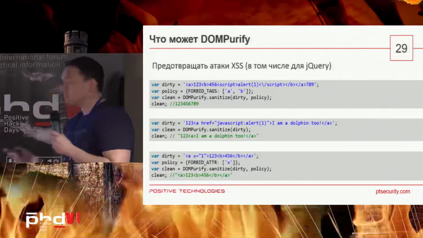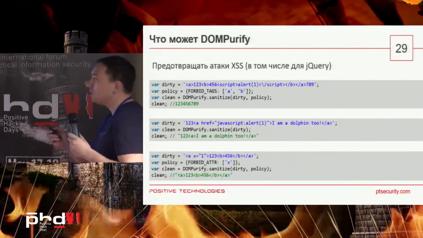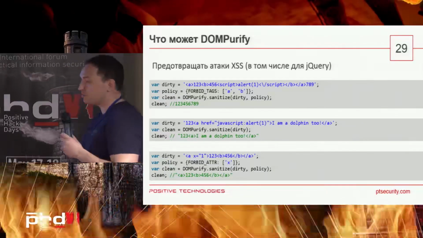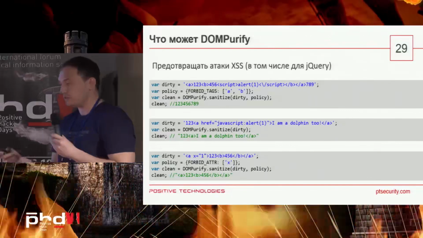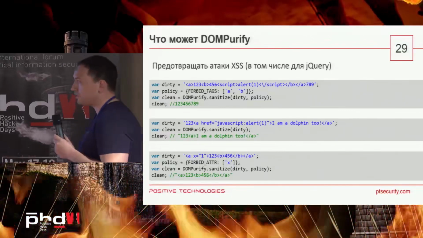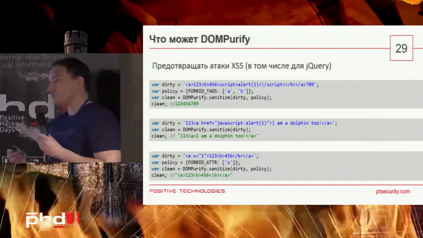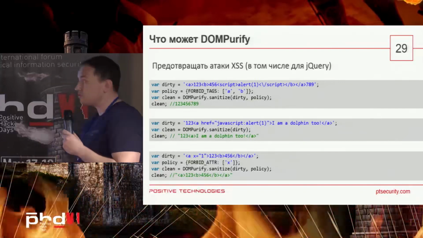What can DOMPurify do? It can prevent XSS attacks. At the input, we have a dirty line, which is exactly HTML that will be generated by the user. For instance, if you have a built-in editor in your application where the user can generate it, well, this is exactly what it's designed for.